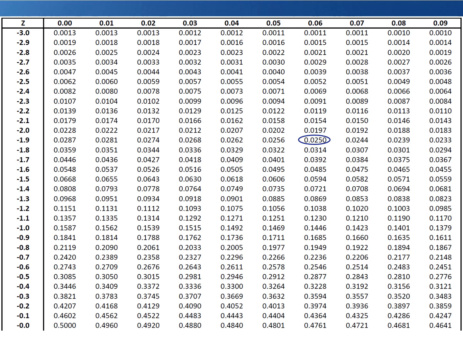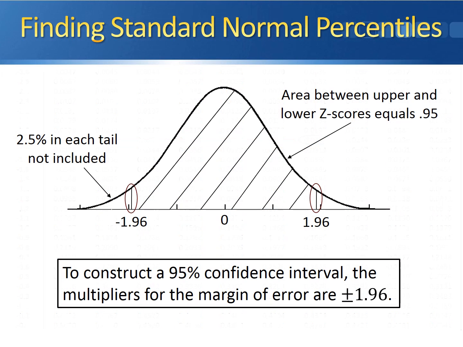Working our way out to the left and up to the top tells us that the z-score that corresponds to 2.5% of the area in the lower tail is negative 1.96. Because we have symmetry, the z-score that corresponds to 2.5% of the area in the upper tail must be positive 1.96. In order to construct our 95% confidence interval, the multipliers for the margin of error are going to be plus or minus 1.96.